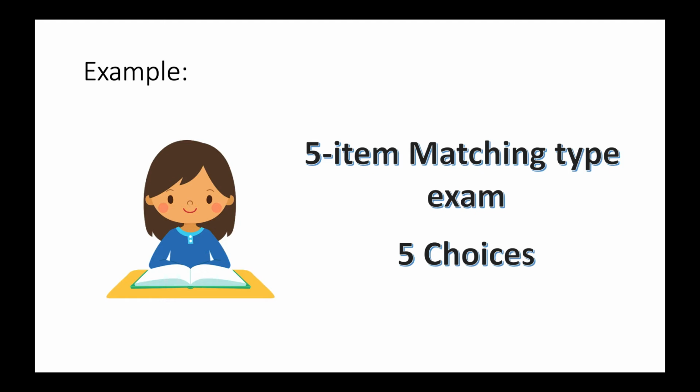Let us answer. For this problem, note that the type of test that the student wants to answer is a matching type. Therefore, if the test has 5 items with 5 choices, this only means that if she answered a particular letter in a particular item, she cannot write the same letter in the other items.